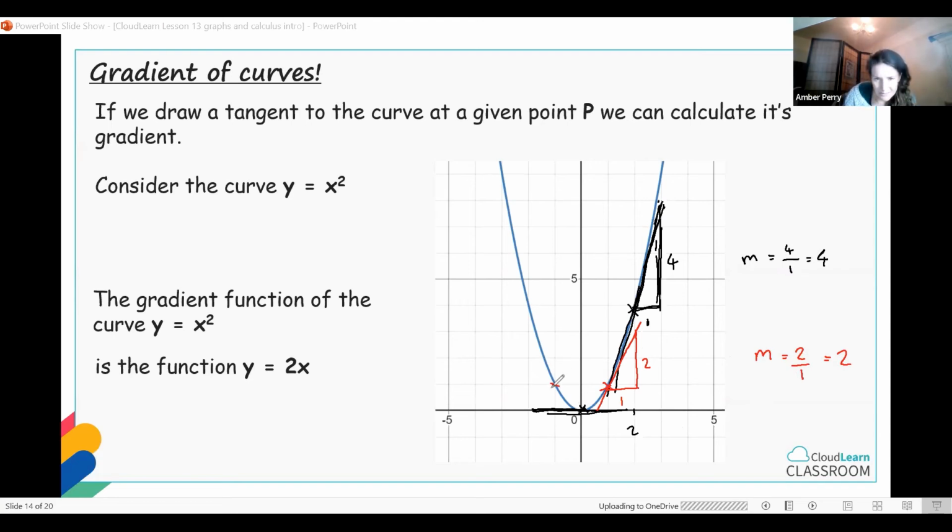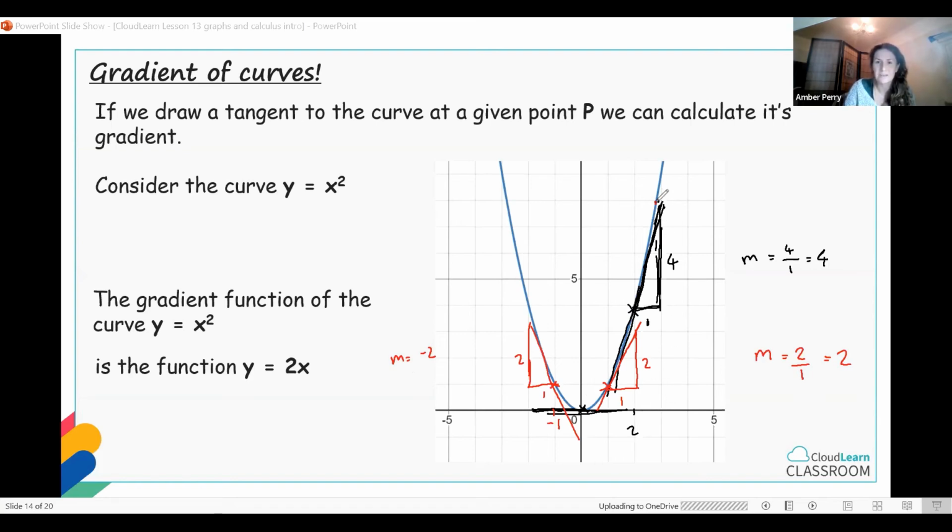At the point where x is -1, you might have guessed it already, but if I was to draw a perfect straight line, and if I was to do my gradient, it would be -2. So where x is -1, m is -2. And where x is -2, m is -4. Where x is 3, let's find 3 here, 2, 3.